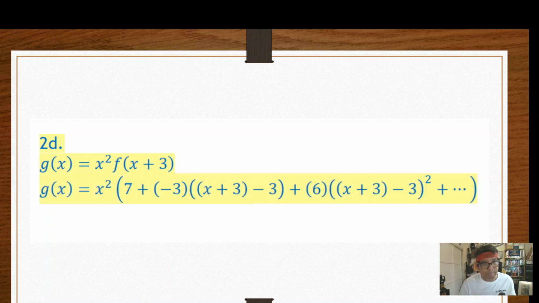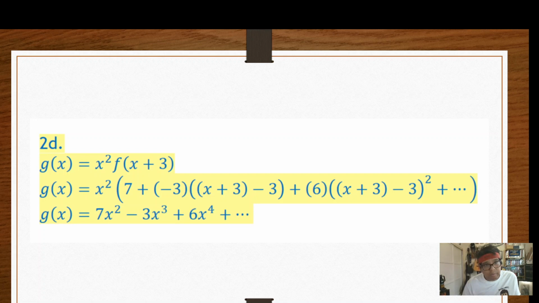Here's what I mean. The x squared, of course, is the same x squared. And then here's f of x, but every time I saw an x, I snuck in an x plus 3. Notice that that simplifies really nicely. x plus 3 minus 3 is just equal to x. And then when you distribute the x squared, you get this nice polynomial for g of x.